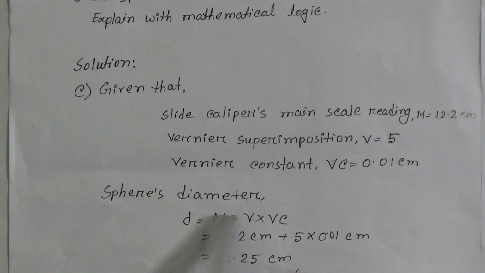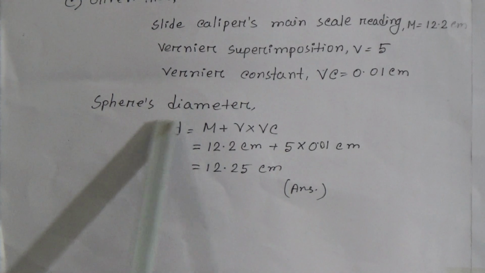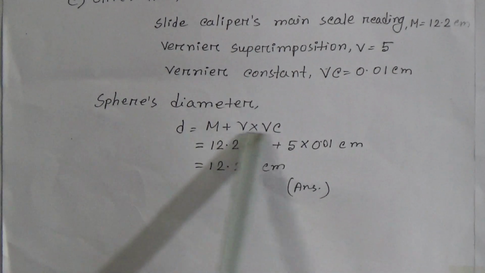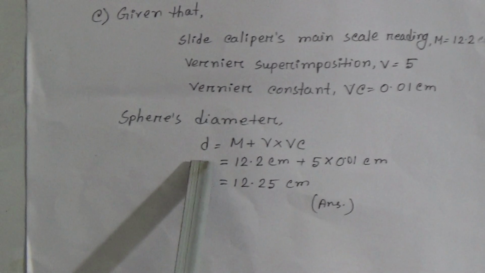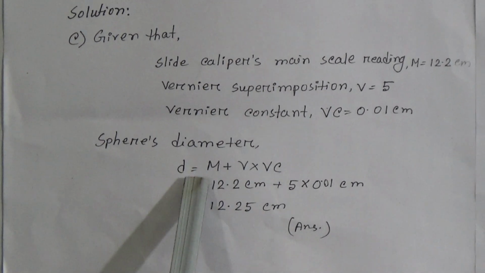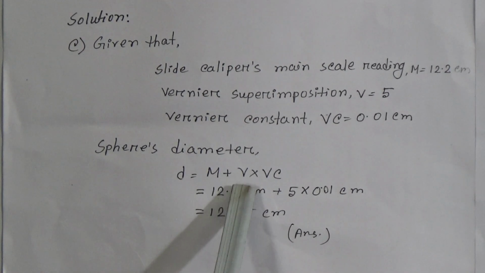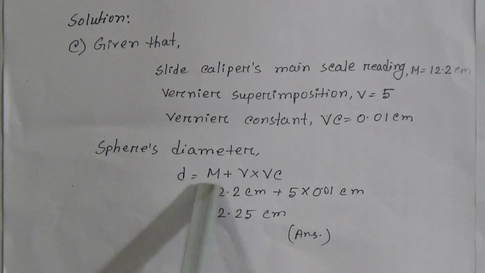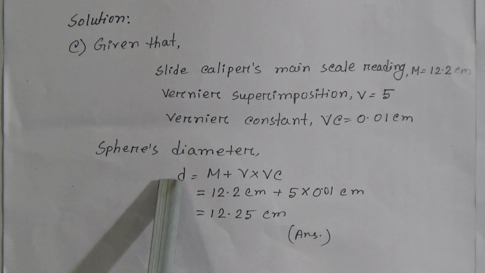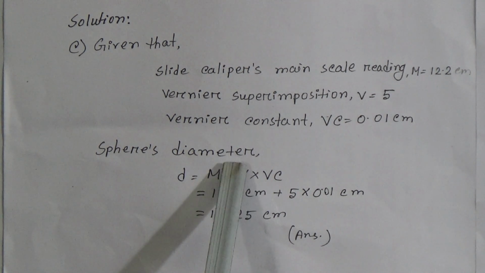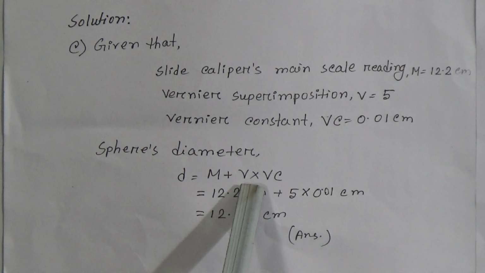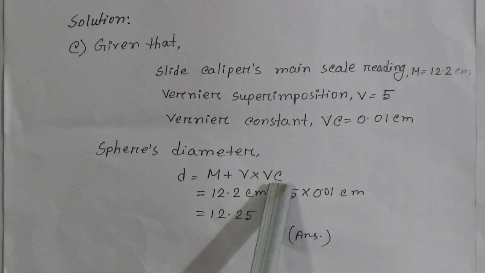Now for the sphere's diameter, here D is the diameter. This is the formula. You will memorize this formula. The formula is diameter D equal to M plus V into Vc. That means D means diameter, M means main scale reading, V means vernier superimposition, multiplied by Vc, the vernier constant.